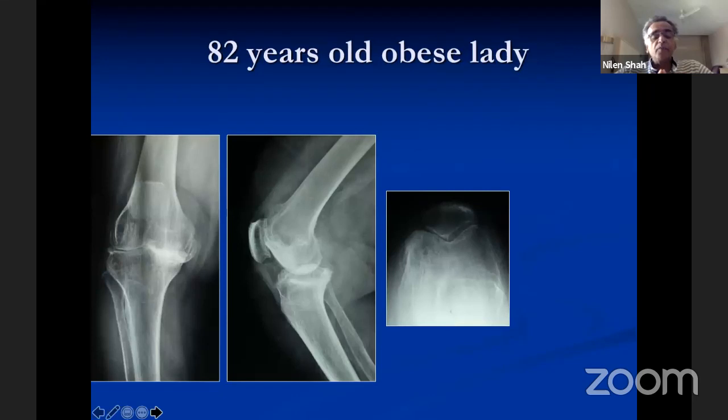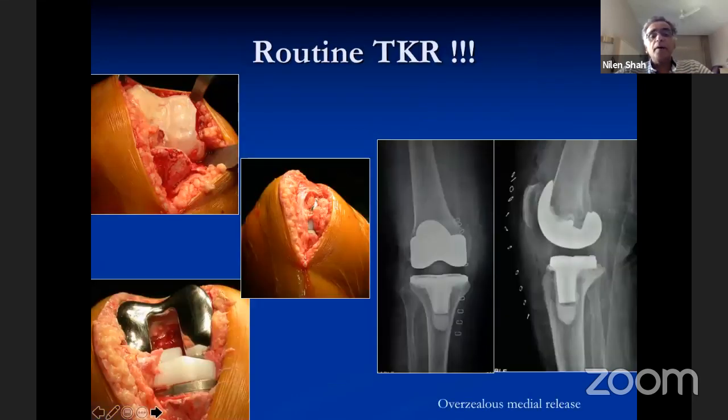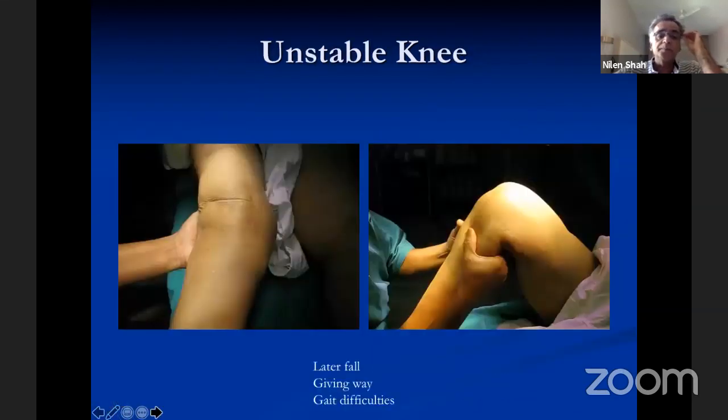I'll share an example of a lady, 82-year-old, where I had done a PS knee, subvastus, everything looked good, but I had done an overzealous medial release. This is a case which I had done around 15 years ago.